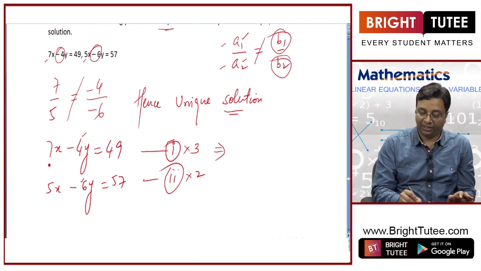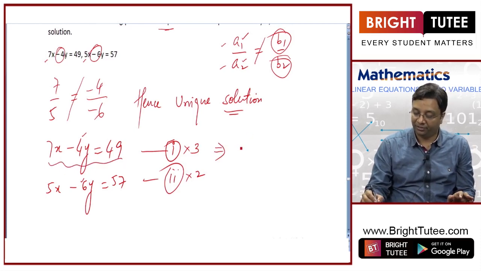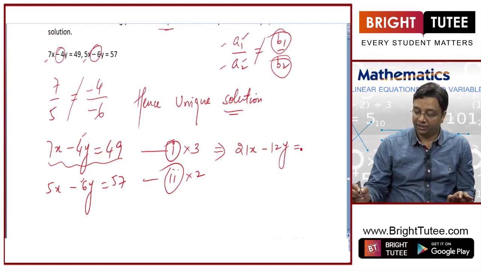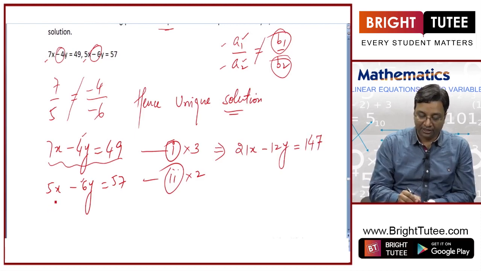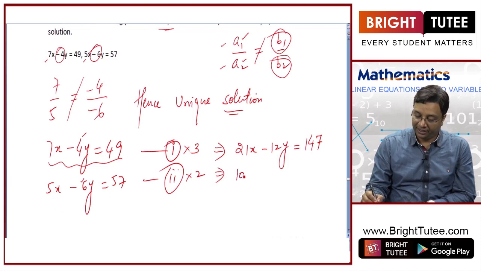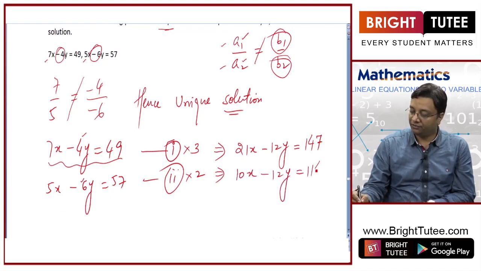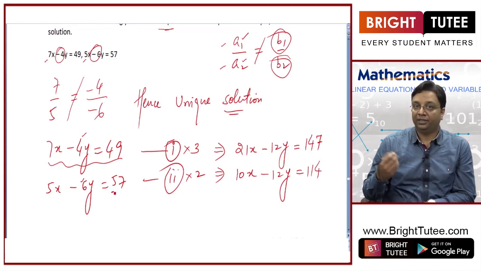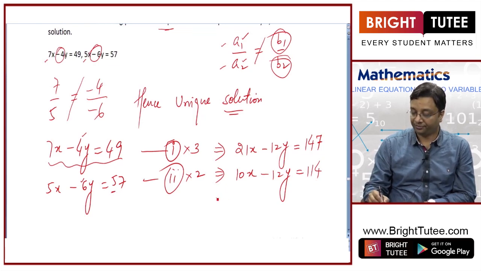So multiplication of this equation by 3 will give me 21x minus 12y equals 49 into 3 is 147. Here I need to multiply this by 2, so this will give me 10x minus 12y, and it is equal to 114. Okay, 50 into 2 will give me 100, 7 into 2 will give me 14, so it is 114.